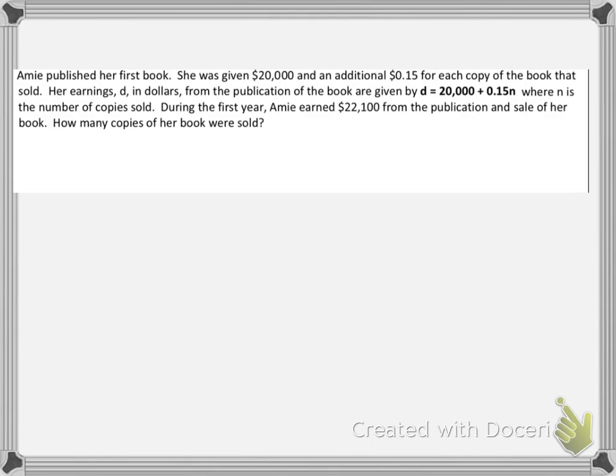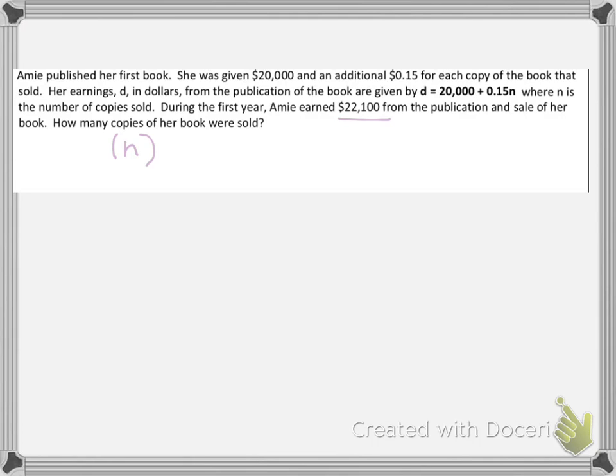Her earnings, D in dollars, from the publication of the book are given by the function D equals 20,000 plus 0.15N, where N is the number of copies sold. During the first year, Amy earned $22,100 from the publication and sale of her book. How many copies of the book were sold? So what we're looking for is how many copies. So we're looking for N.